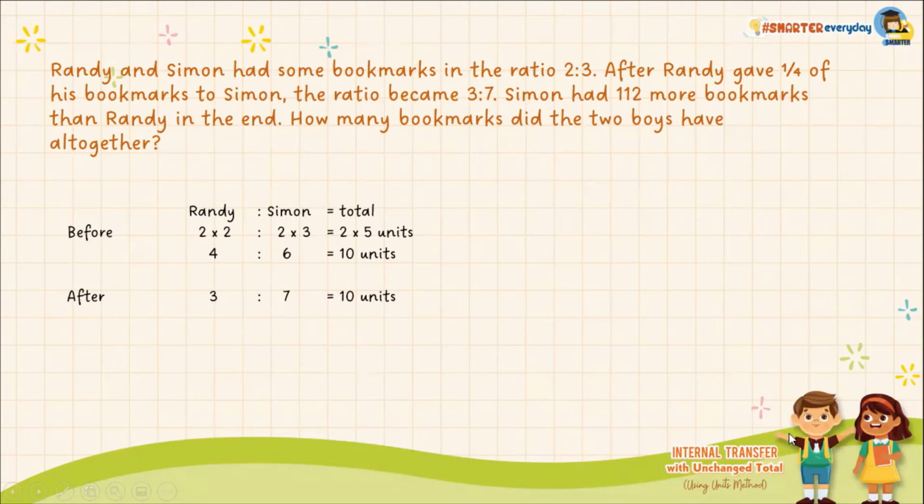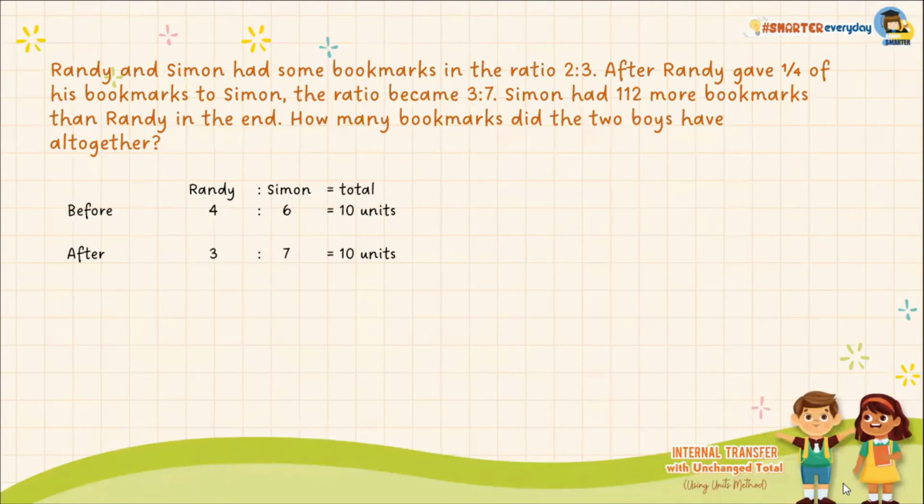Now, what do we have to do next? Now we know that Simon had 112 bookmarks more than Randy in the end. That means 112 is their difference, right? But what is the difference of their units? You can find it here: 7 for Simon and 3 for Randy.